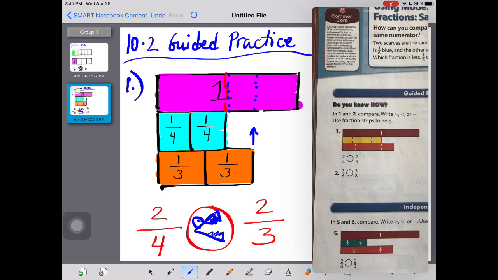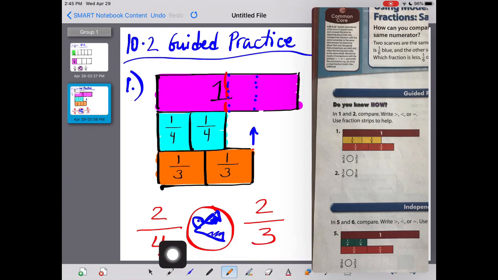And once again, I want you to focus now. Look, the numerators are the same. In this instance, instead of just one piece, there's 2 pieces. We have 2 of the fourths against 2 of the thirds. They're the same. So we can look at the denominator and say, here's 3, here's 4. In fractions, when the numerator is the same, but the denominator is different, the bigger piece, the bigger amount, will be the smaller denominator.